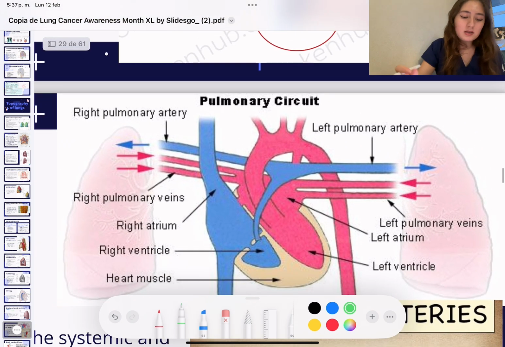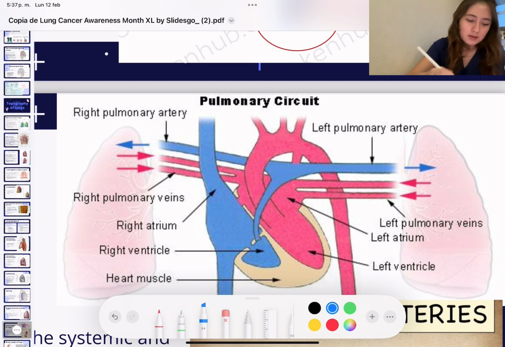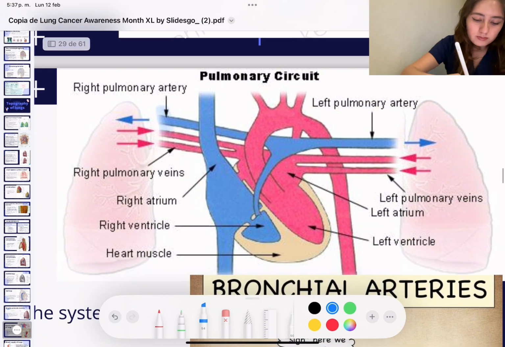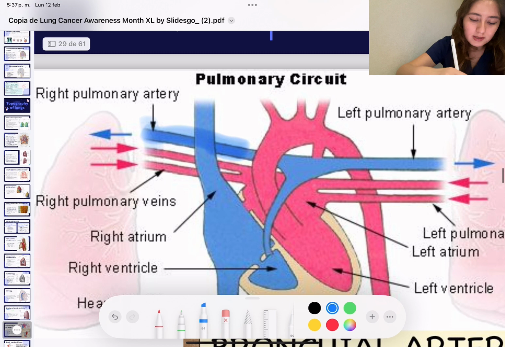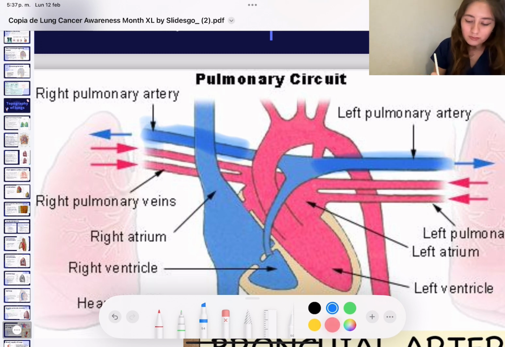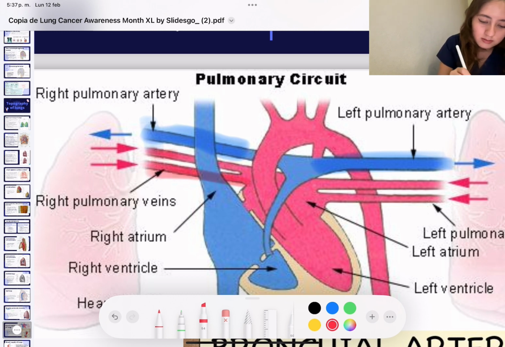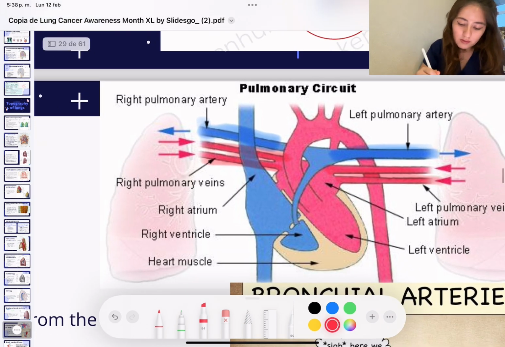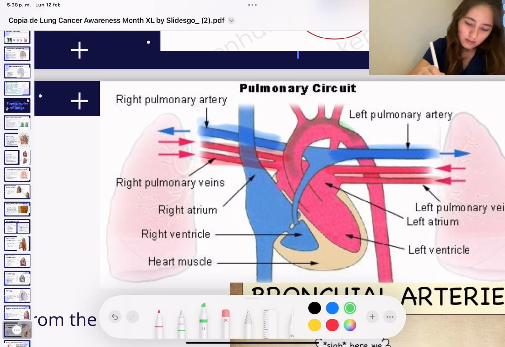In the pulmonary circuit, we have the right pulmonary artery, left pulmonary artery, right pulmonary veins, left pulmonary veins. We have also the aorta.